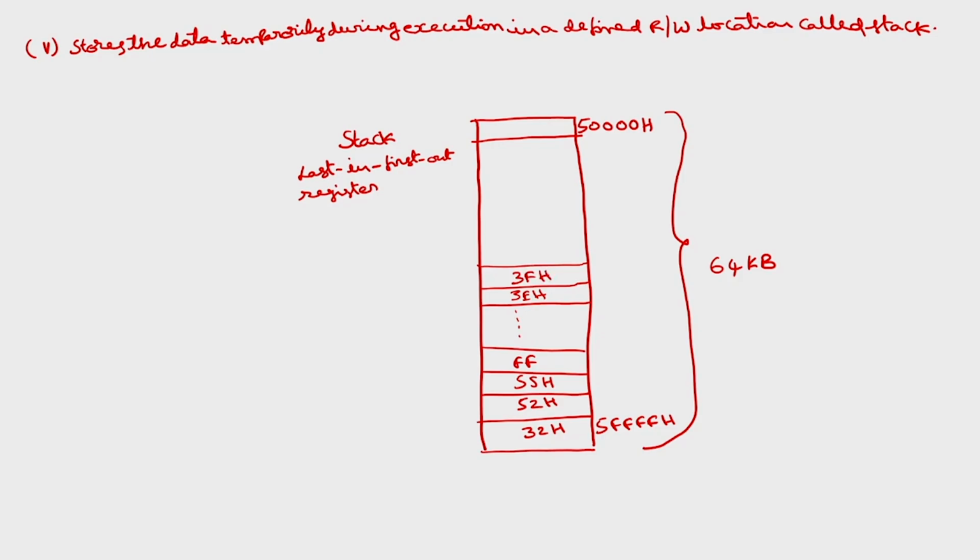If this address location is something like 50000005H, the next available location for the stack is this.